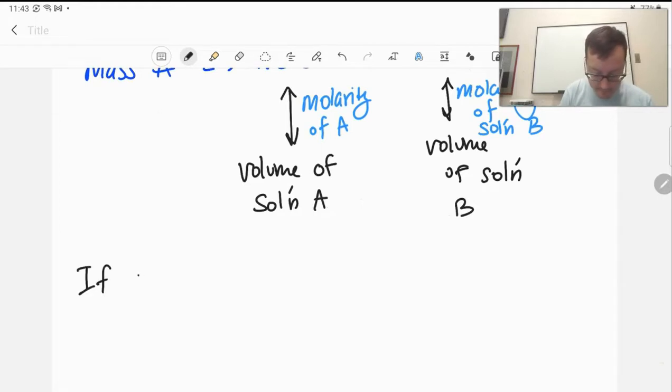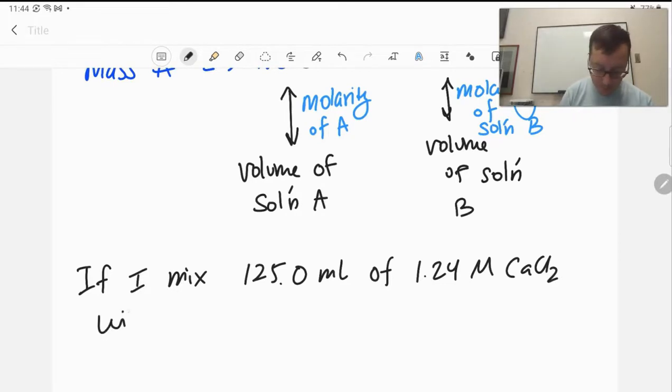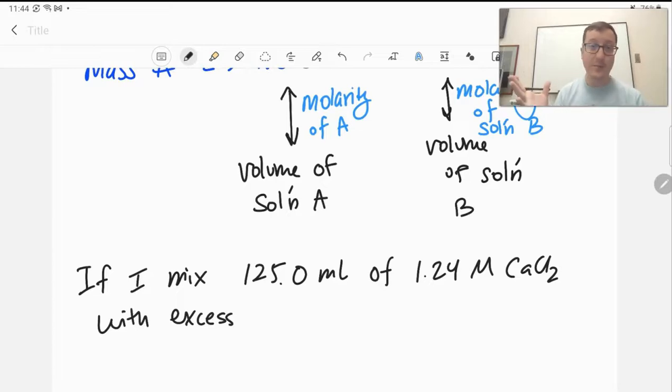if I mix, how about 125 milliliters of calcium chloride. We should put a molarity with that. Let's say it's 1.24 molar calcium chloride, with excess, and I'm just going to use excess here so we don't have to do a limiting reactant, but sometimes you may need to.